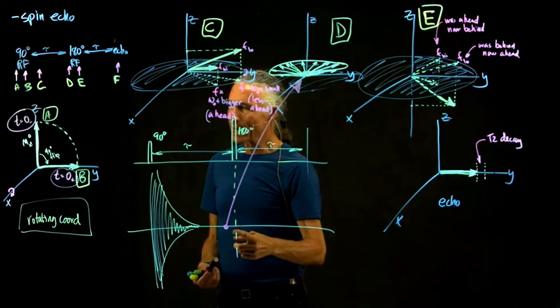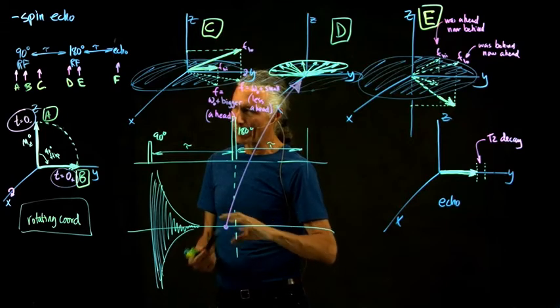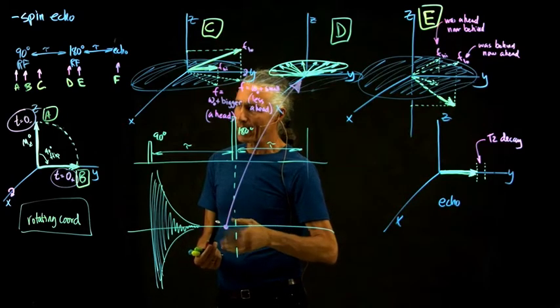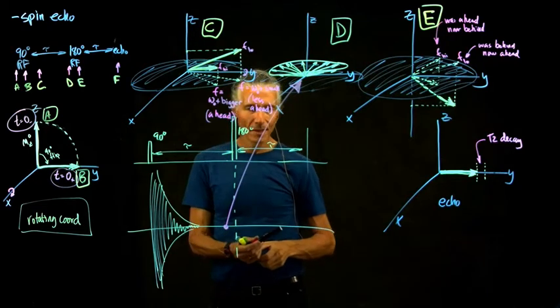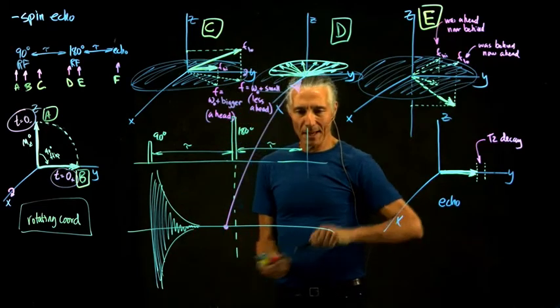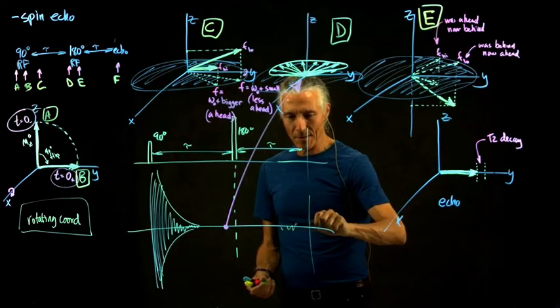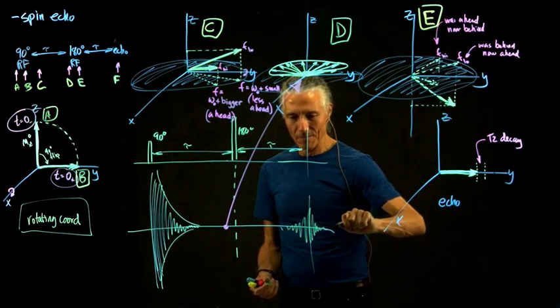And then we do our 180. We don't see anything from that because we didn't add any transverse magnetization, which is the only thing we can record. And then at this later point in time, everything comes back together and we get an echo.